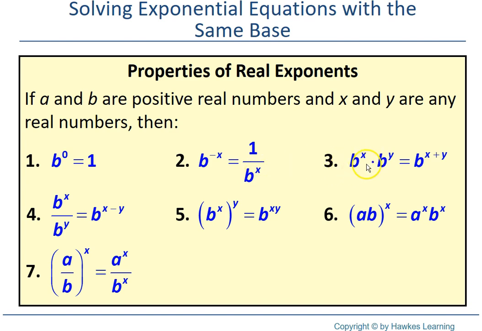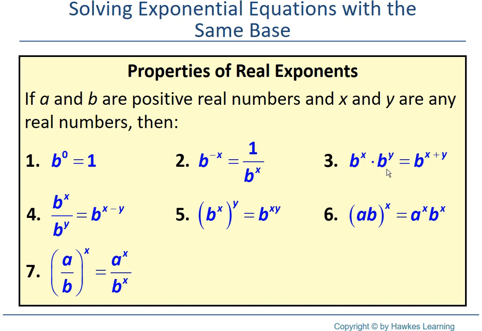Now, if we are multiplying variables whose bases are the same, we just add the exponents. In number 4, we're subtracting. Now, these are all the different properties. This is the property of the 0 exponent, the negative exponent.